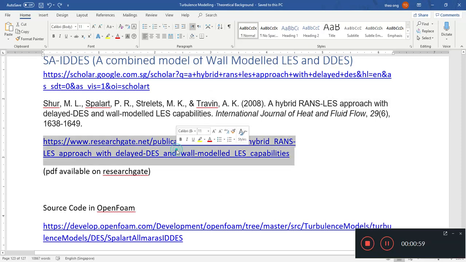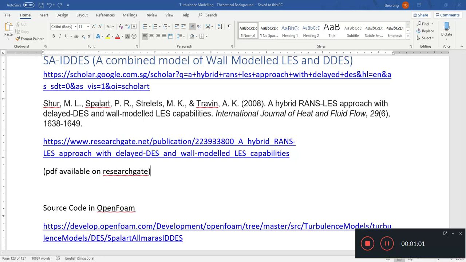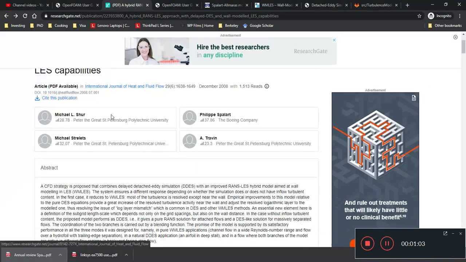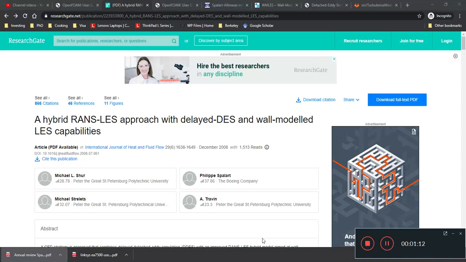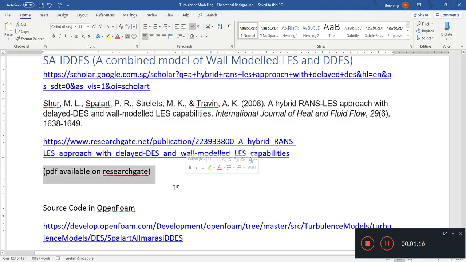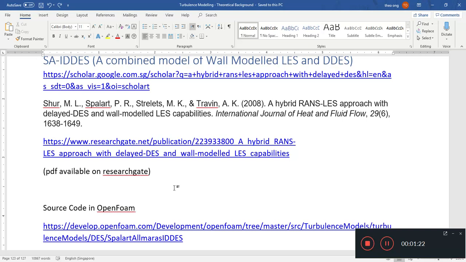You can also find this on ResearchGate, and you should be able to download the full text PDF without any requirement or subscription. So this makes it very easy, at least for us, to access the material there and look into the paper more in depth.